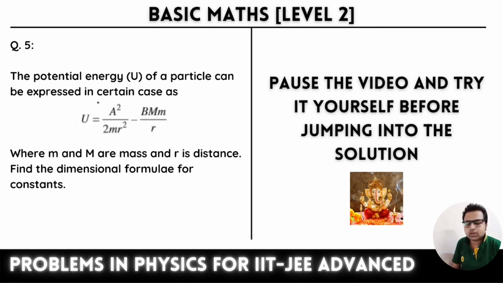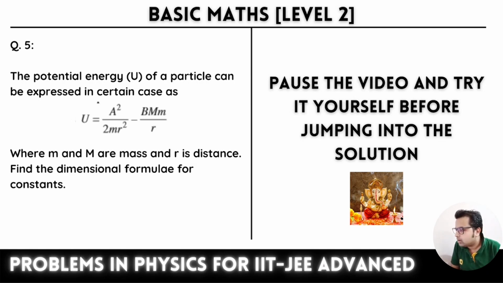Okay, so let's jump into the fifth problem. The potential energy U of a particle can be expressed in a certain case as capital U is equal to capital A square upon 2m r square minus capital B m M upon r, where small m and capital M are masses and r is distance.